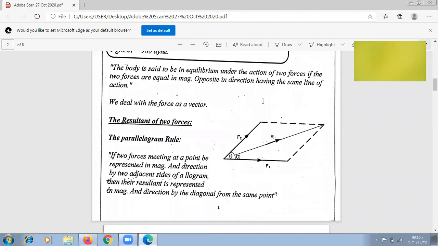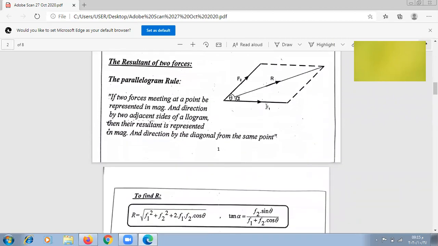We discussed in class the resultant of two forces using the parallelogram as you see. If we have a parallelogram, or before having the parallelogram, we have a body here at point A. It is under the action of two forces, F1 and F2.